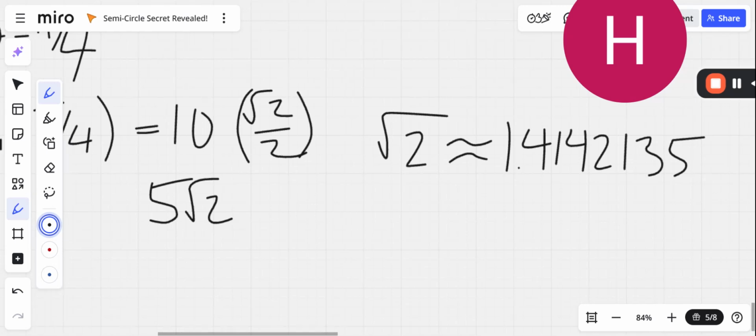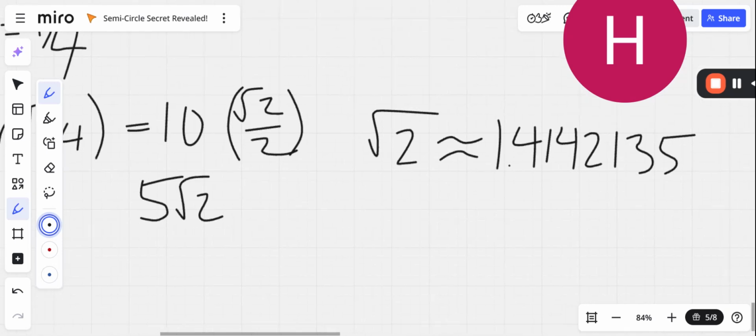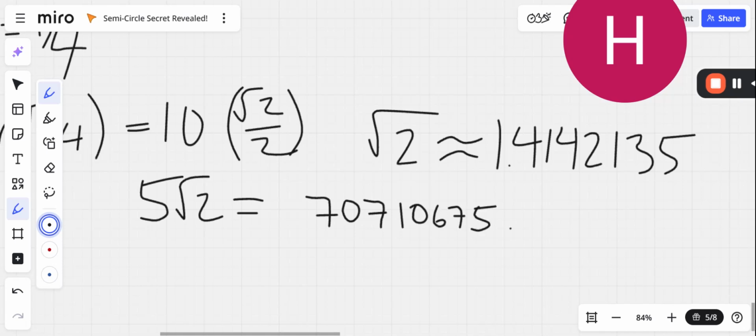I think I'm pretty nerdy, so I've memorized some of these things. If we just want to multiply this by 5, it's very easy. Don't multiply it by 5. Instead, divide it by 2 and move the decimal. So that means that this equals 7.07106755, that kind of thing.